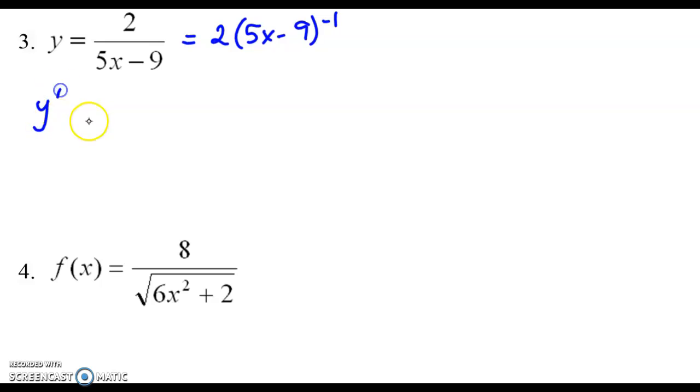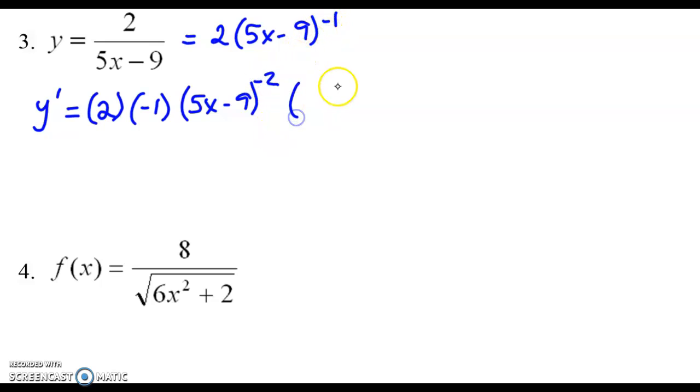Then when I want to differentiate that using the chain rule, I've got the coefficient of 2 multiplied by the exponent, multiplied by the binomial in the brackets to the power of the exponent minus 1, which would be minus 2, multiplied by the derivative of the binomial in the brackets, which would be 5.